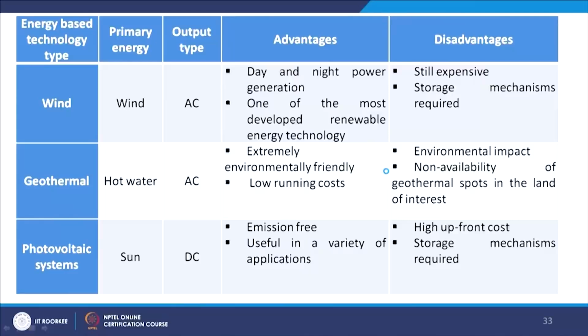The major advantage is that it is emission free as well as useful in a variety of applications, but the disadvantage is high upfront cost, though it keeps reducing over a period of time, but still it is expensive. A storage mechanism is required, as well as one very important requirement, we need a lot of land for their installations.